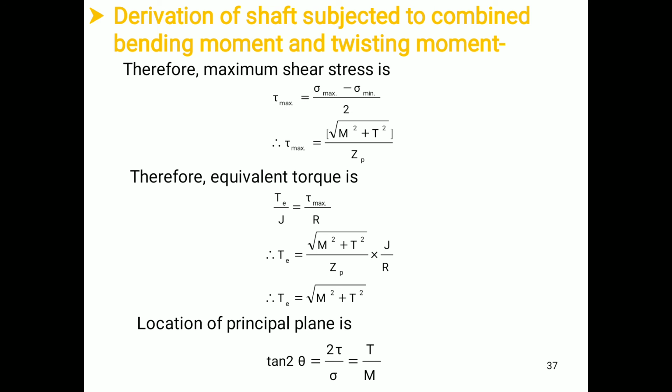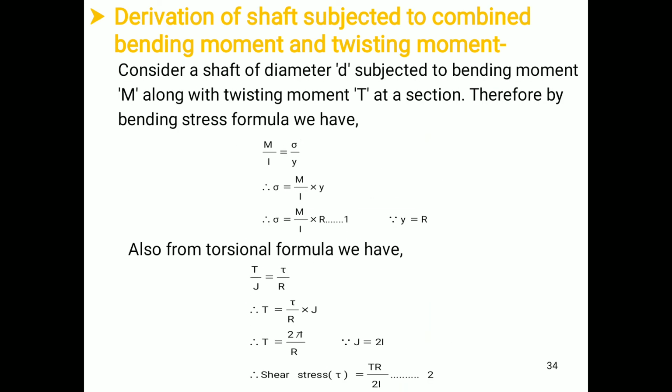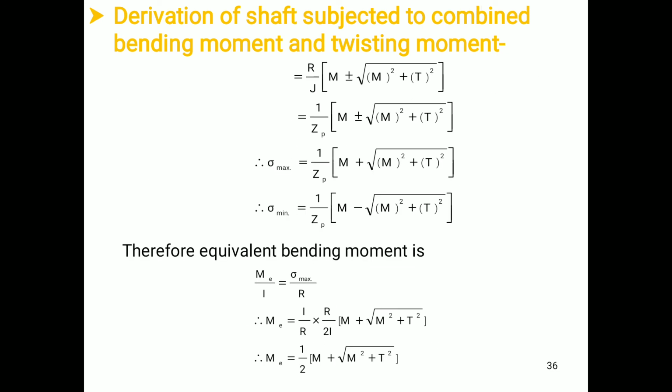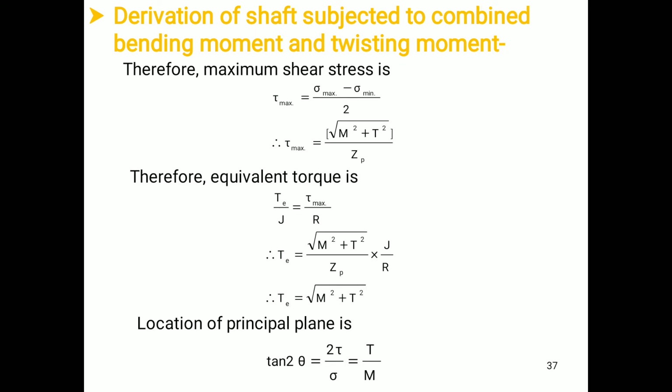If you put the value of tau found in the second equation and the value of sigma found previously, then the final answer will be T upon M, torque upon moment. So tan of 2 theta, the location of the principal plane, is T upon M. Therefore 2 theta becomes tan inverse of T upon M.